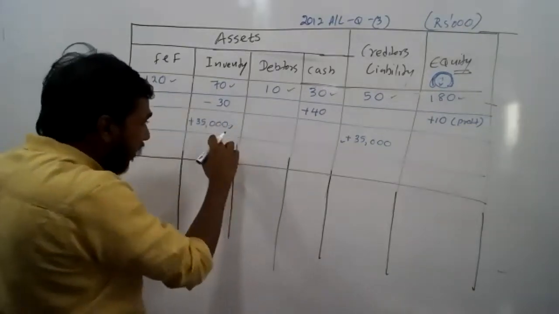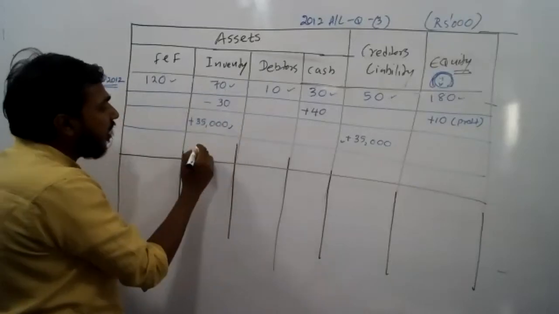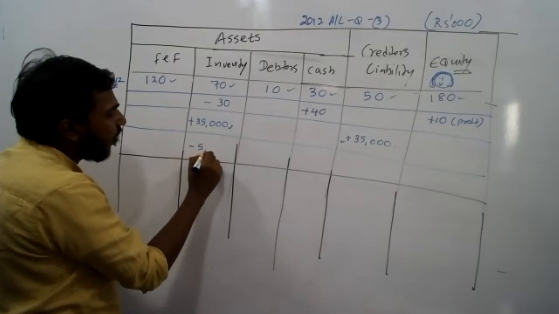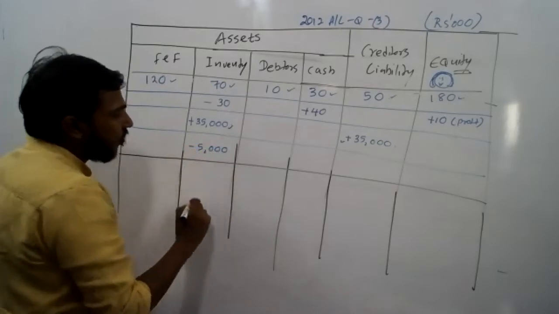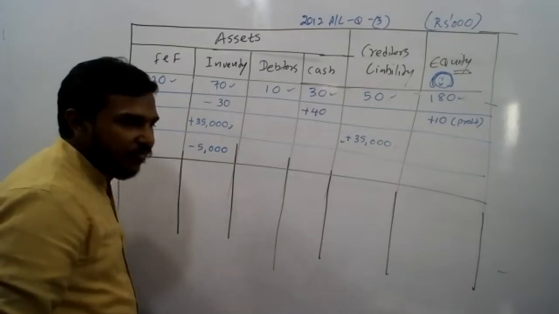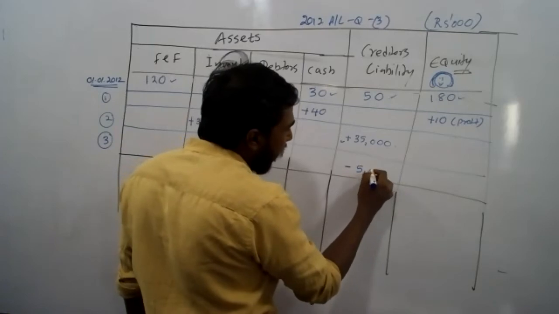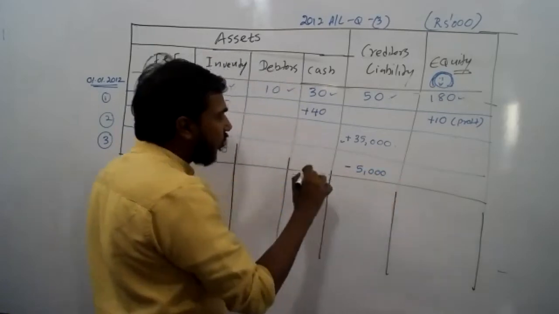So now you send back 5,000 of the stock you purchased, and your inventory decreased by 5,000. Then the creditor's liability would be decreased by 5,000. Why?